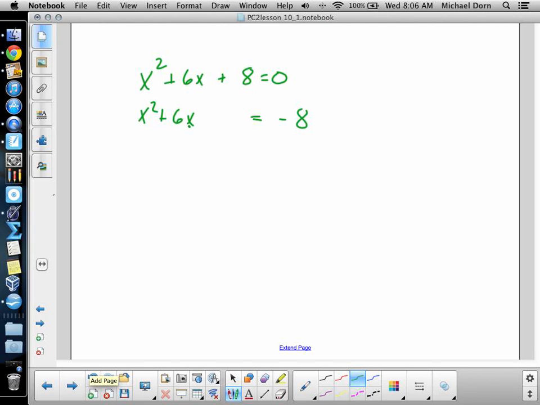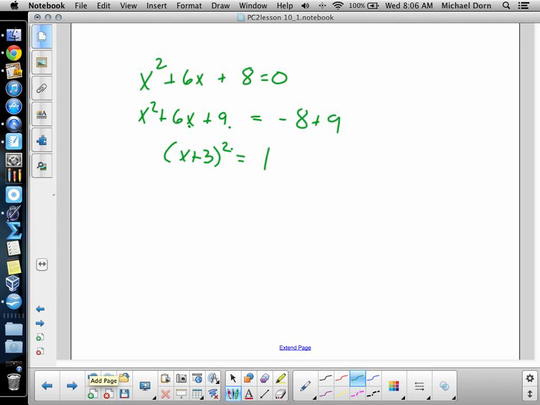So half of 6 is 3, and we square it. 3 squared is 9. So we added 9 to both sides. And then this factored, because of that, into x plus 3 squared, because half of 6 is 3, equals 1. That was our completing the square process.